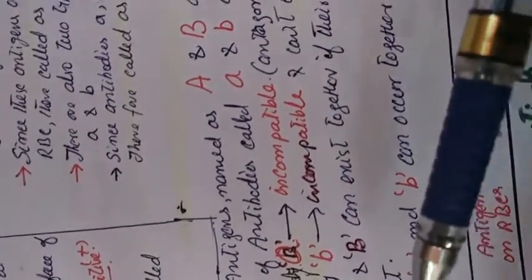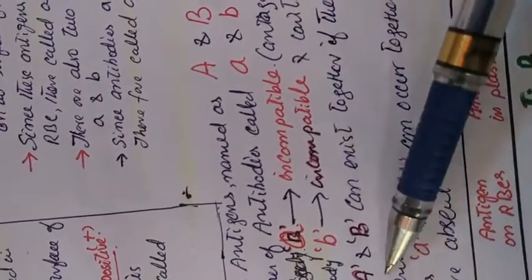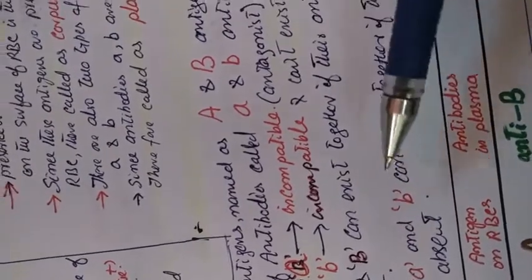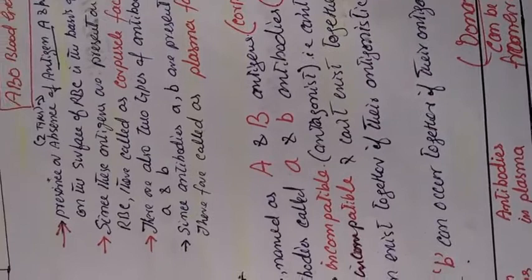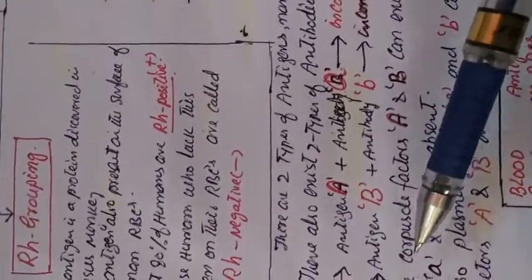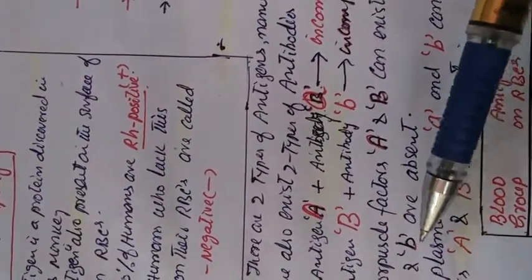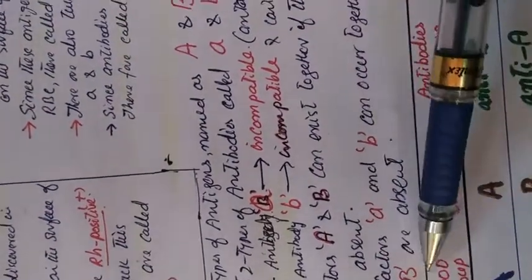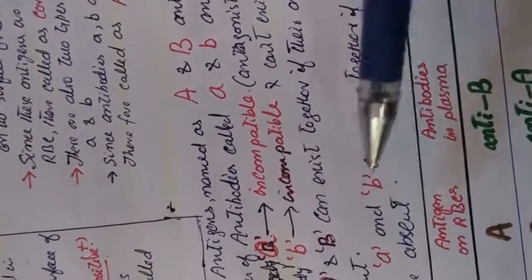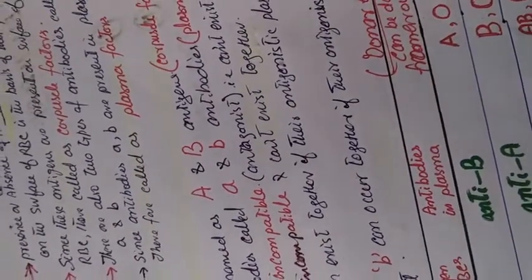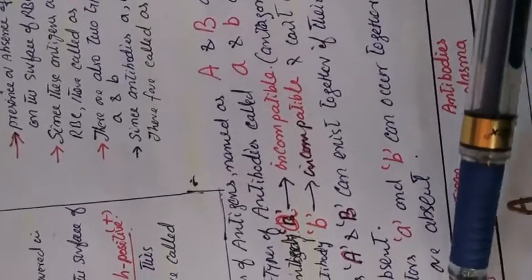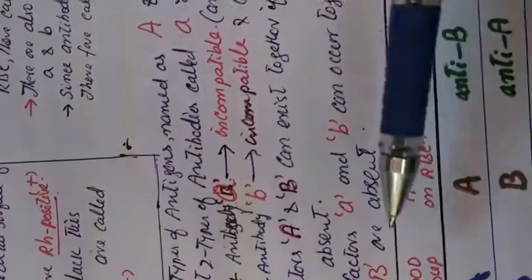Now the corpuscle factors, antigen A and antigen B, can exist together if their antagonistic plasma factors, antibody A and antibody B, are absent. Also, plasma factors, antibody A and antibody B, can occur together if their antagonistic corpuscle factors, antigen A and antigen B, are absent.